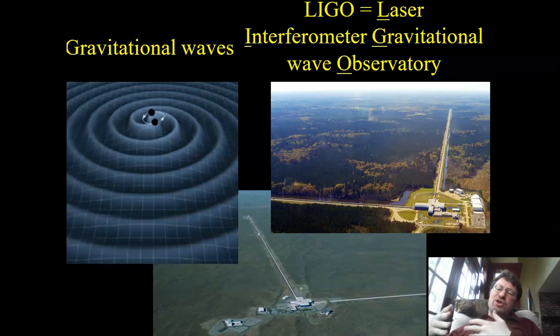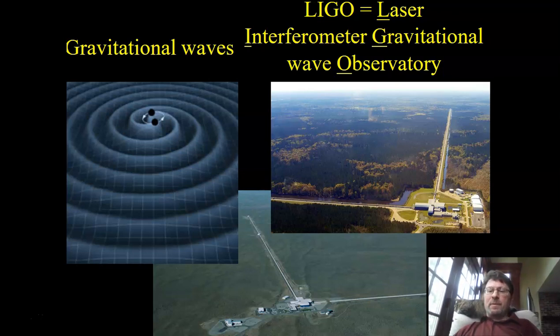But as soon as you start changing the length of the arms, then the interference pattern on that screen is going to change as well. And so LIGO scientists detect the passage of gravitational waves by this interferometry technique.